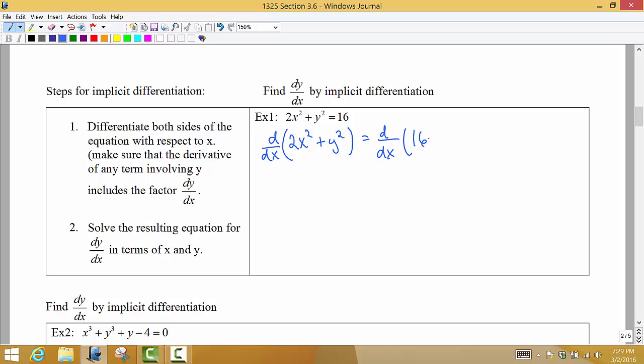For any term that just has an x in it, we're taking the derivative just like we always have done. On this side, taking the derivative of both of these terms is the same thing as taking the derivative of each term separately. So we'll think about it like that, taking the derivative with respect to x of each of these terms separately.